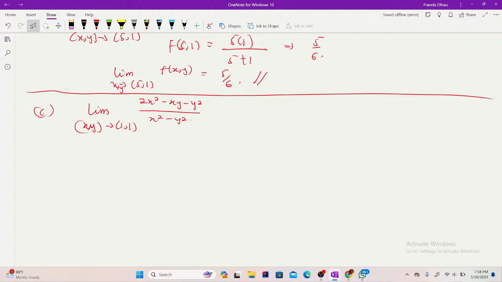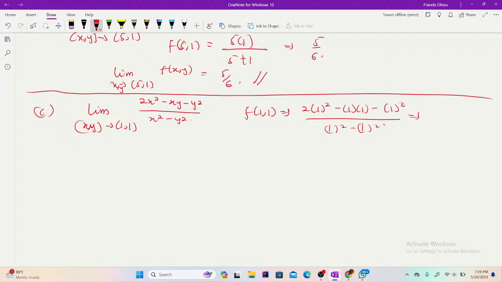So now we are finding the limit as this function approaches (1, 1). As I said, always find your f of (1, 1). So what's my f of (1, 1)? I'm getting 2 multiplying 1 squared minus 1 multiplying 1 minus 1 squared, all over 1 squared minus 1 squared.